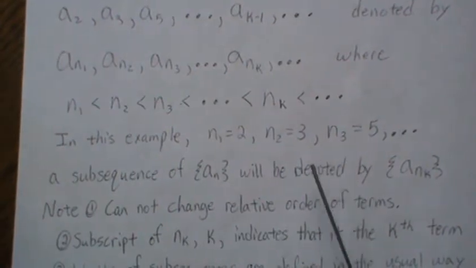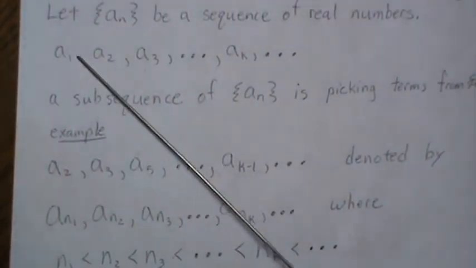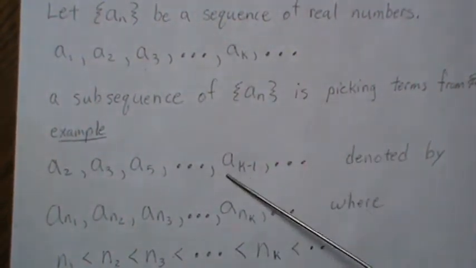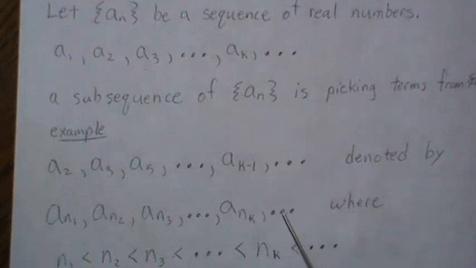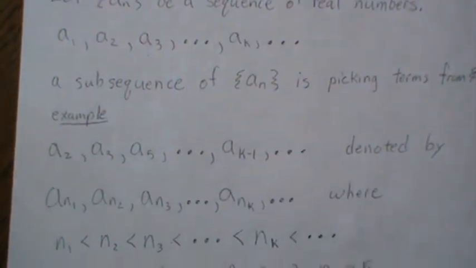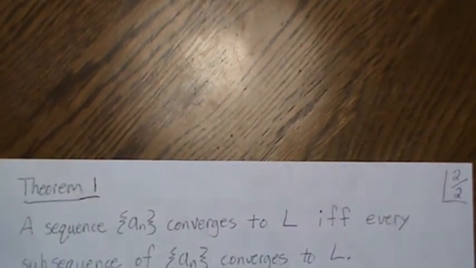Now they can be the same. If we have our original sequence and we pick each element from our sequence to be our subsequence, it's actually the same sequence as our original sequence. So that's a possibility.